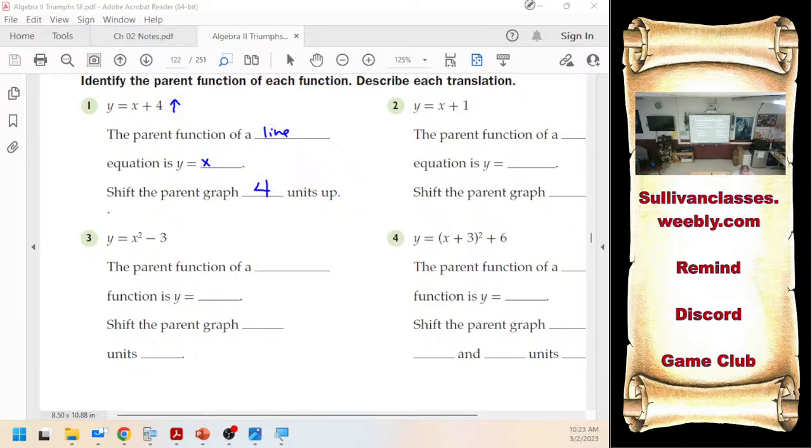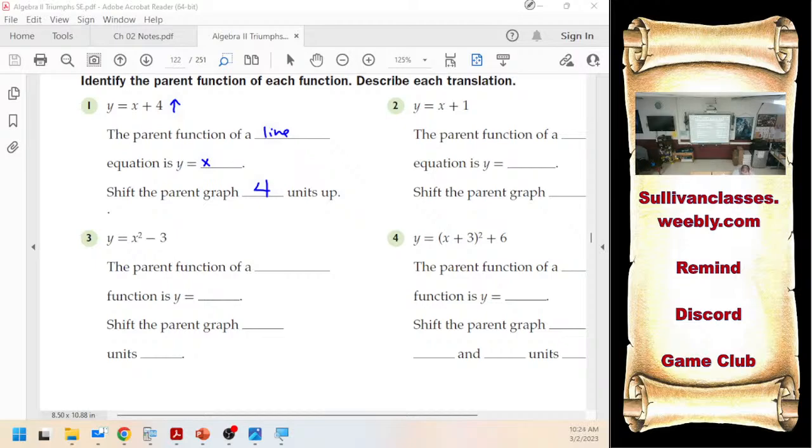Does it have a squared or not? Yeah. Which critter is it? That one. So, say the parent function of a parabola, or quadratic, I'd take either, is y equals x squared. They did this to it. Is it in or out of parentheses?